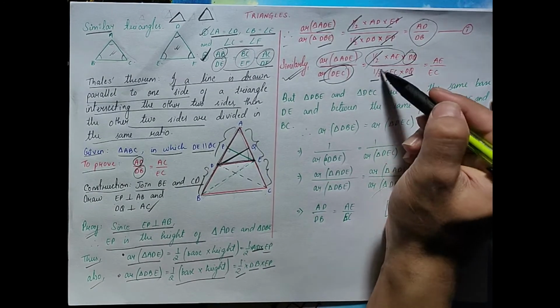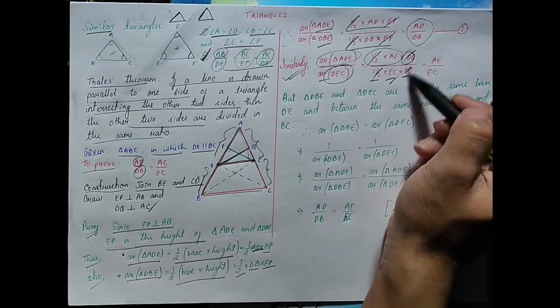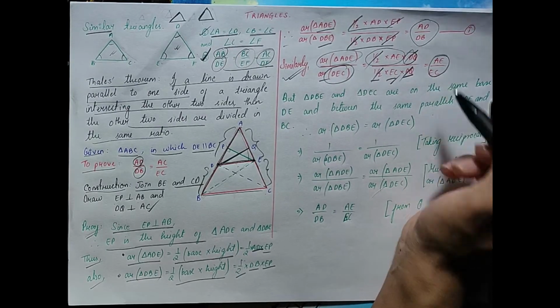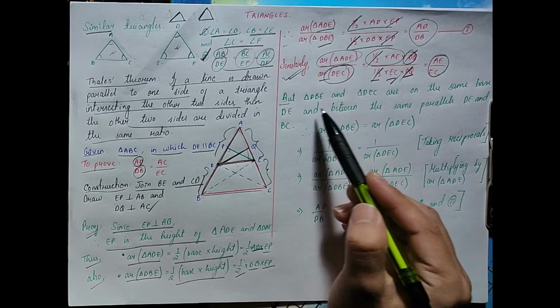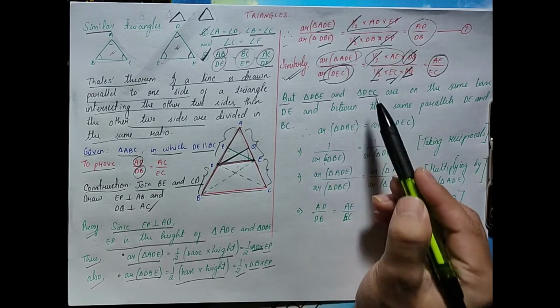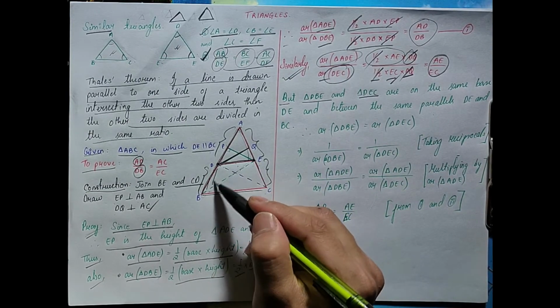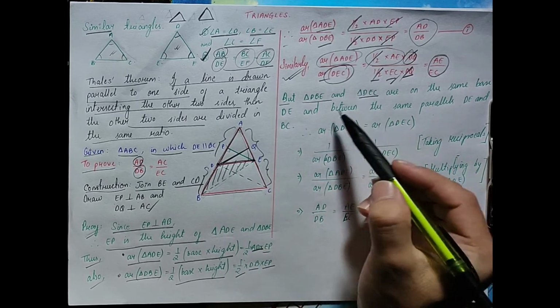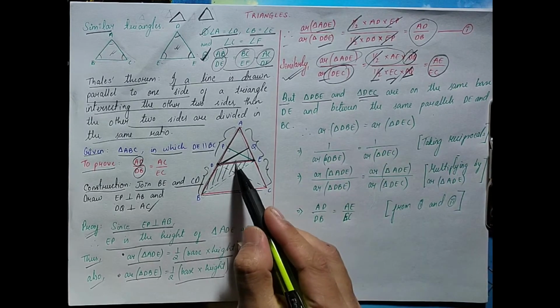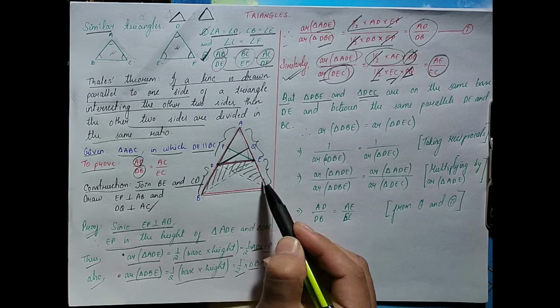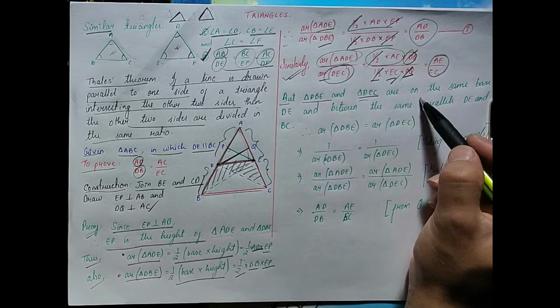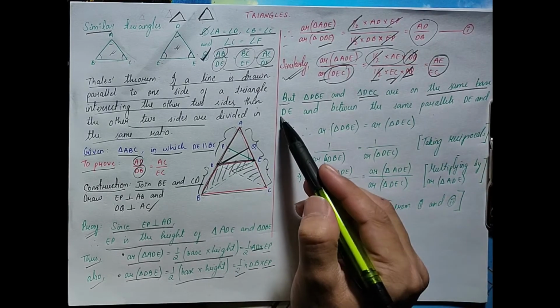If you substitute, half and half will get cancelled, DQ and DQ will get cancelled, and you get AE by EC. But triangle DBE and DEC are equal. Why are they equal? Since they are on the same base DE.